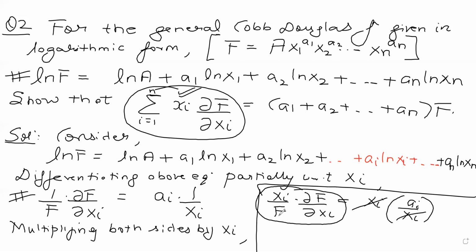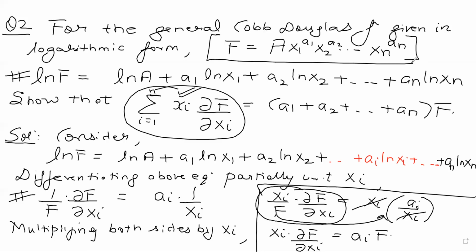So if I take f on the right hand side, I can write xi times del f by del xi is equal to ai times f, where f is my Cobb-Douglas production function in general. Now all I have to do is sum up.